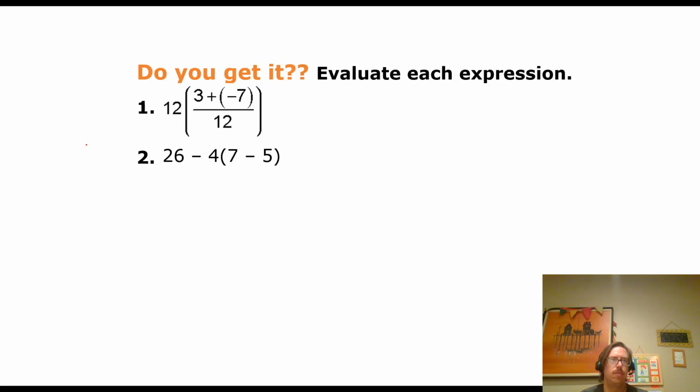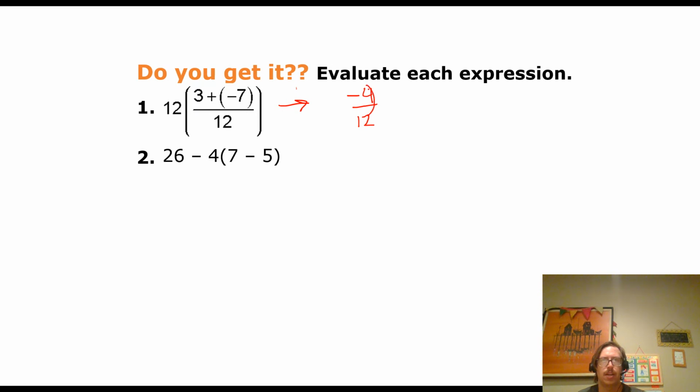All right, moving on. Why don't you try these two, see if you get it. I'll solve them in just a second. All right, so in problem 1, we've got a big parentheses, and I notice that I've got a numerator that I need to simplify first. 3 plus -7 is -4 over 12 is now what's inside.